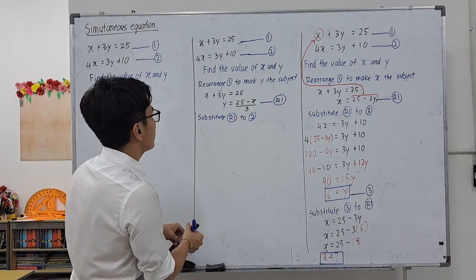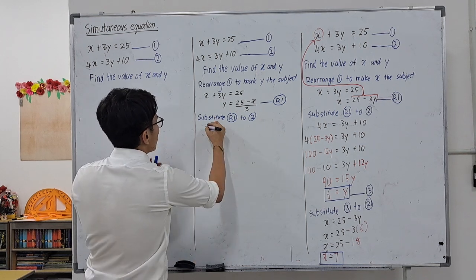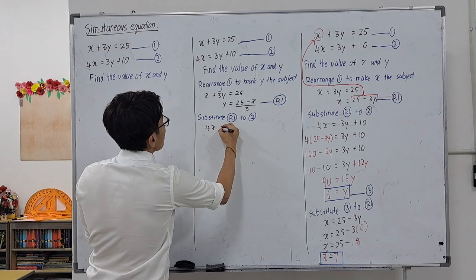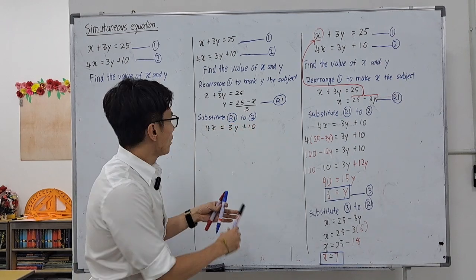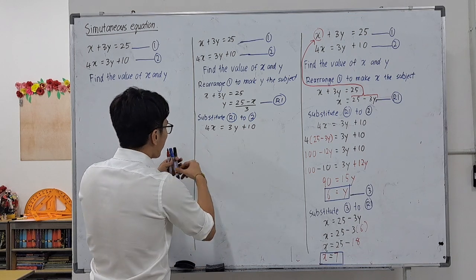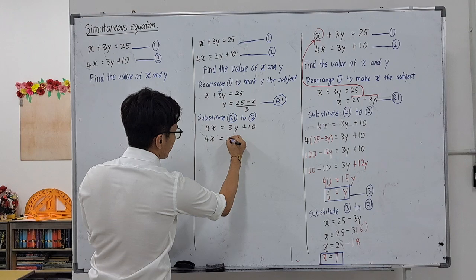So when we substitute, it's going to look something like this. In my equation 2, that's going to be 4x equals 3y plus 10. So what do I have here? My 4x is going to remain as 4x. My 3y, my 3 is going to be 3.